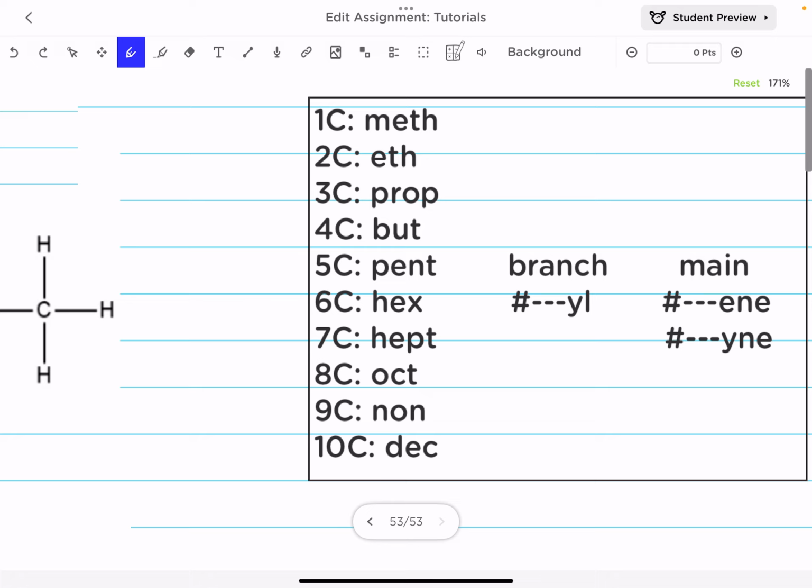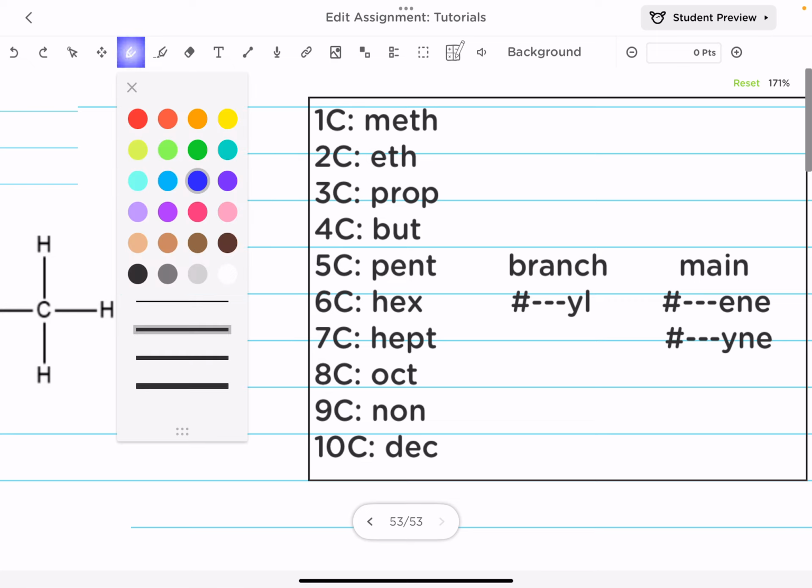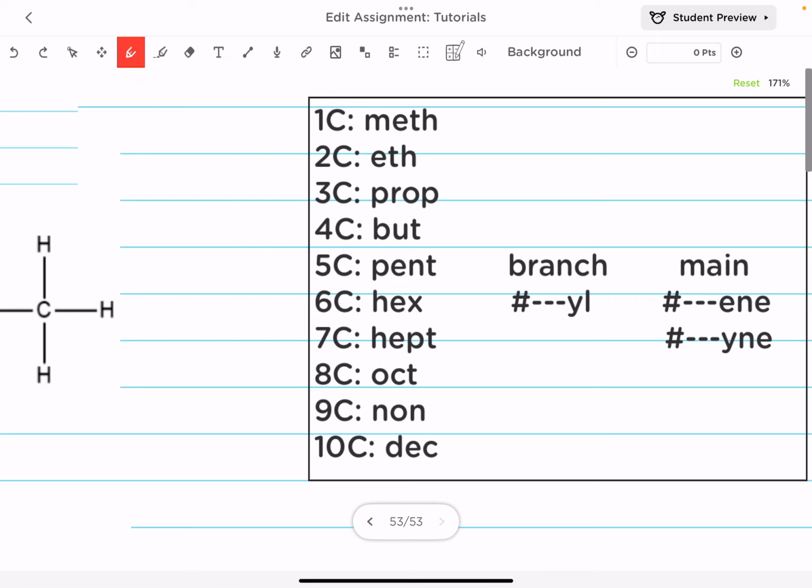So if you have 1 carbon, it's meth, 2 carbon, it's eth, 3 carbon, prop, 4 carbons, but, 5, pent, and here you can remember the pentagon having 5 sides, hex for 6 carbon, and 6 has an X in it, so this reminds me of hex.